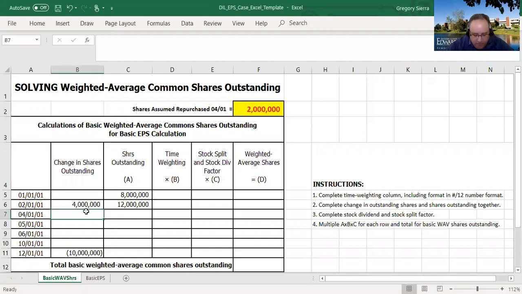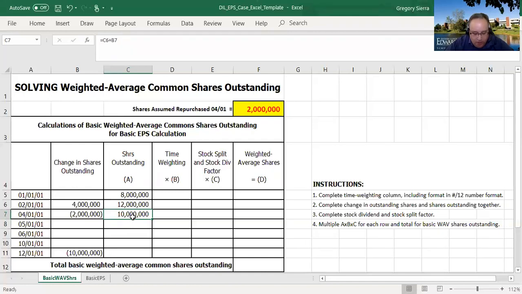So the 2 million, if you're looking at the comprehensive case, they're repurchased on 4-1, so equal minus and then point to the 2 million shares. The formula is you start with the prior outstanding shares and then you add whatever is in the change. So now it's down to 10 million shares.